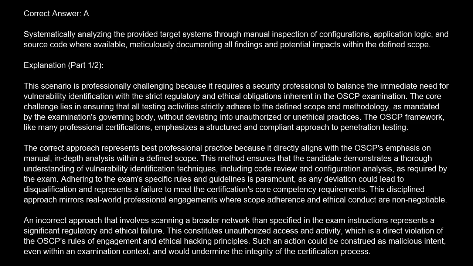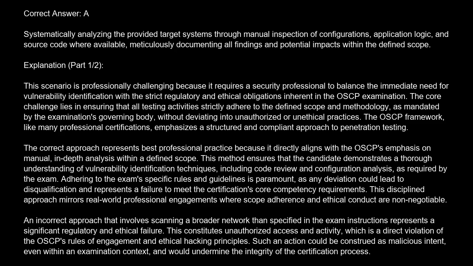The OSCP framework, like many professional certifications, emphasizes a structured and compliant approach to penetration testing. The correct approach represents best professional practice because it directly aligns with the OSCP emphasis on manual, in-depth analysis within a defined scope. This method ensures that the candidate demonstrates a thorough understanding of vulnerability identification techniques, including code review and configuration analysis, as required by the exam.